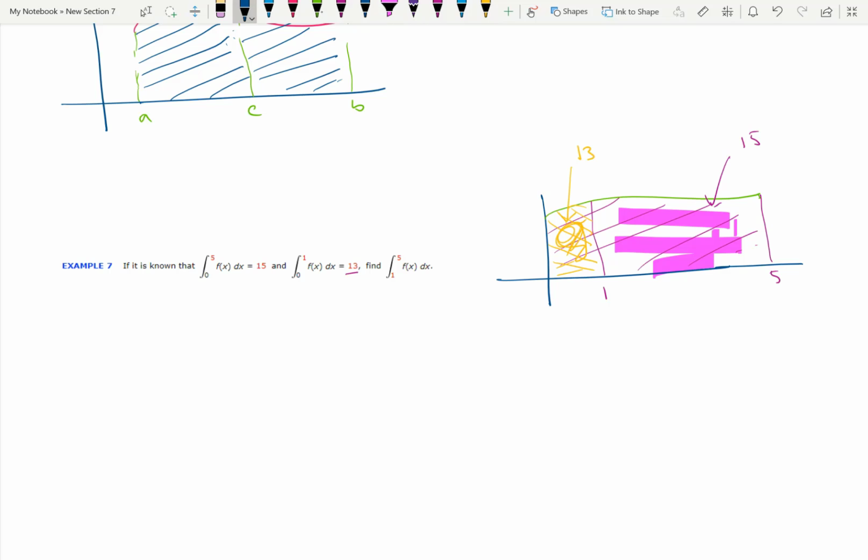So if you apply the formula, then the integral from 0 to 5 of f of x dx can be written as the integral from 0 to 1 of f of x dx plus the integral from 1 to 5 of f of x dx.